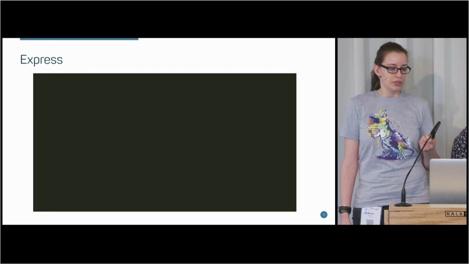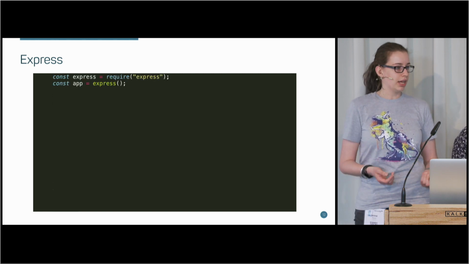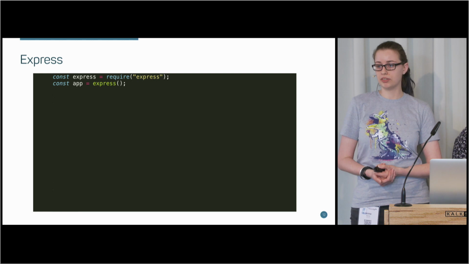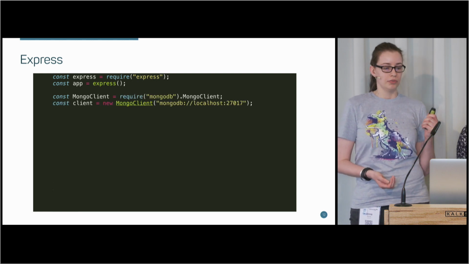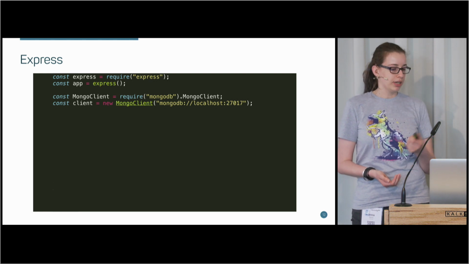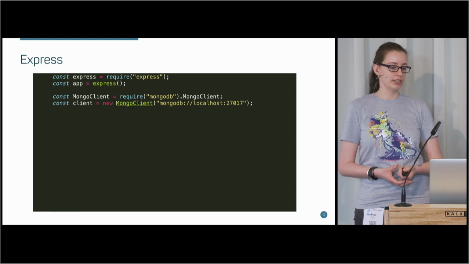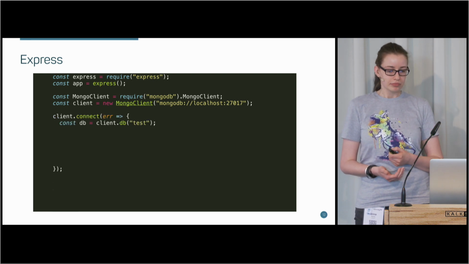And so when we want to start building, the first thing that we need to do is actually create our app using Express. And of course, we want to have some sort of data. For that, in this example, we use MongoDB, and we create our client, we give it some sort of address, and then we can actually already start connecting.